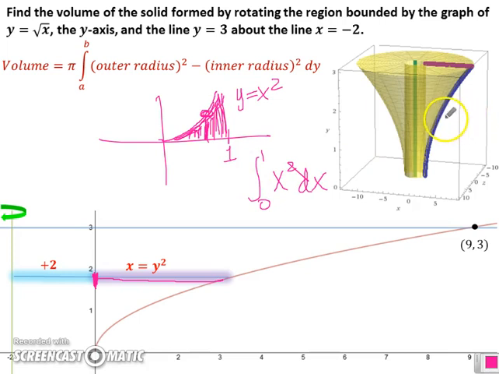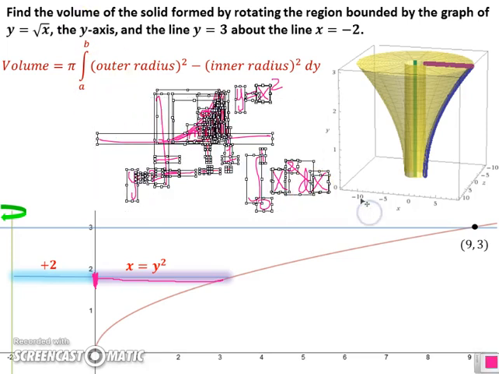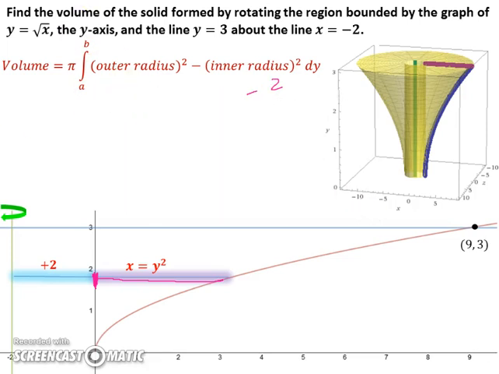It doesn't go any further than that. So if I wanted to revolve this around like y equals -2, I would have to add 2 to it. I would have to add more. You need to make it longer. So in this case, it's the same thing. When you say x equals y squared, you're only talking about this purple distance right here. And because the line of rotation is further away than that, we have to add 2 to it.